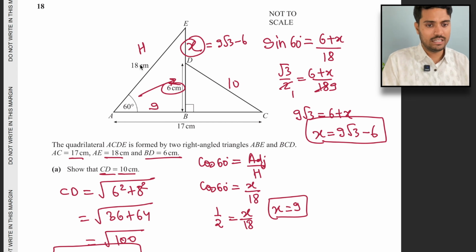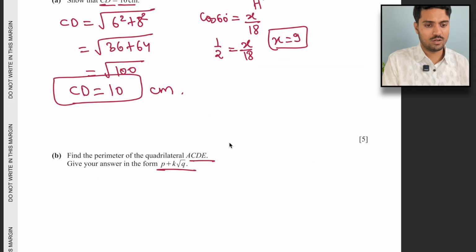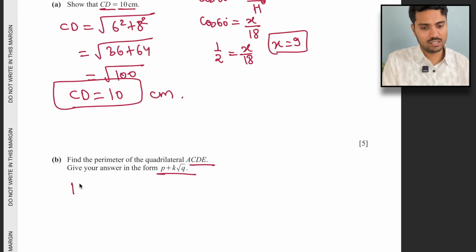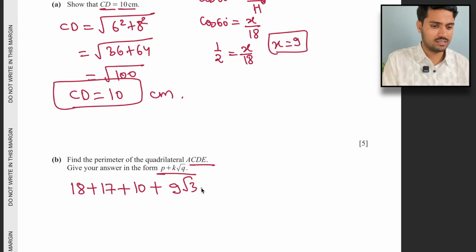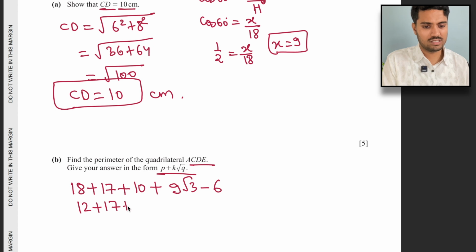Perimeter is going to be 18 plus 17 plus 10 plus this. So let's try to add all of these values. So 18 plus 17 plus 10 plus 9 root 3 minus 6. So 18 minus 6, that's 12, plus 17 plus 10 plus 9 root 3.